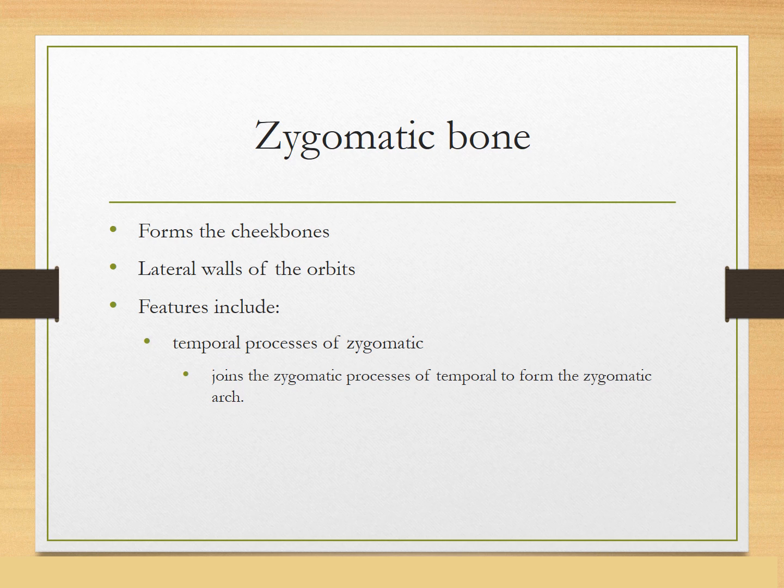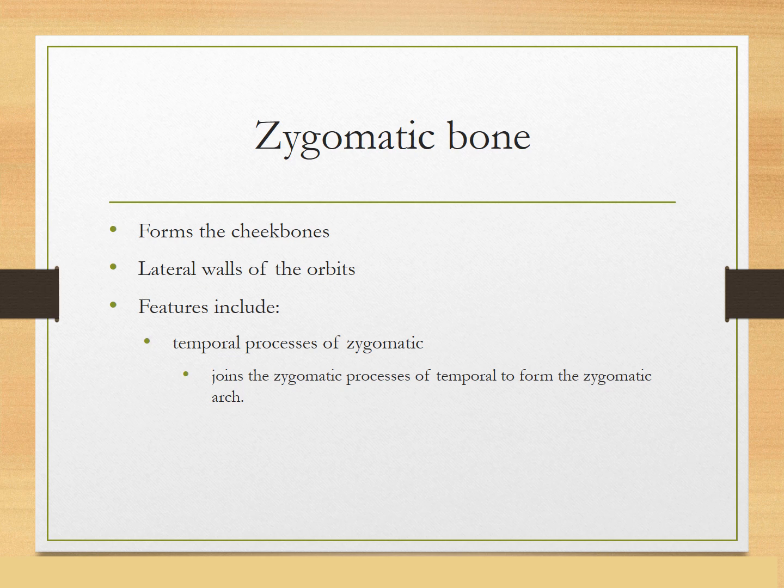The zygomatic bones form your cheekbones and the lateral walls of the orbit of the eye. A key feature includes the temporal process of zygomatic. Now this terminology is used several times. Where it says "of zygomatic," that lets you know that this is part of the zygomatic bone.